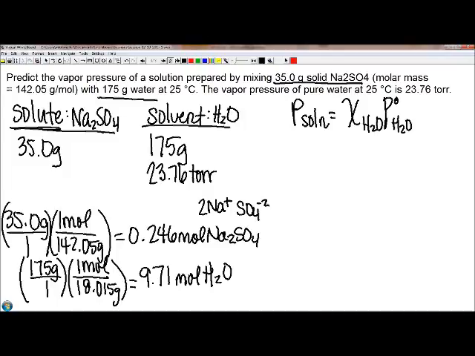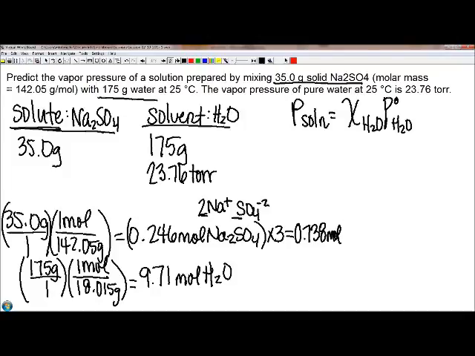So the actual number of moles of ions is 3 times the moles of solute dissolved, because it creates those 3 ions. We take the moles we just solved for times 3, which gives 0.738 moles of solute.